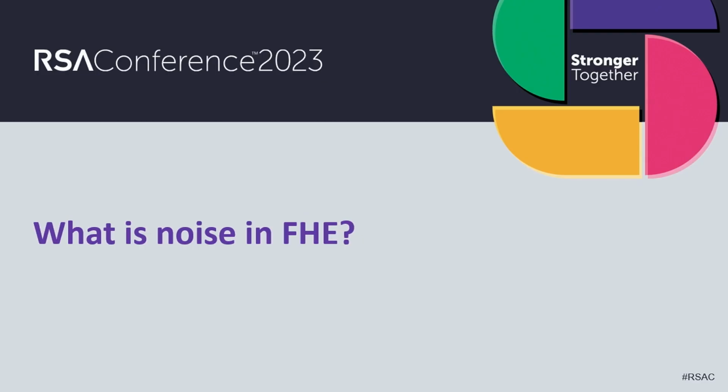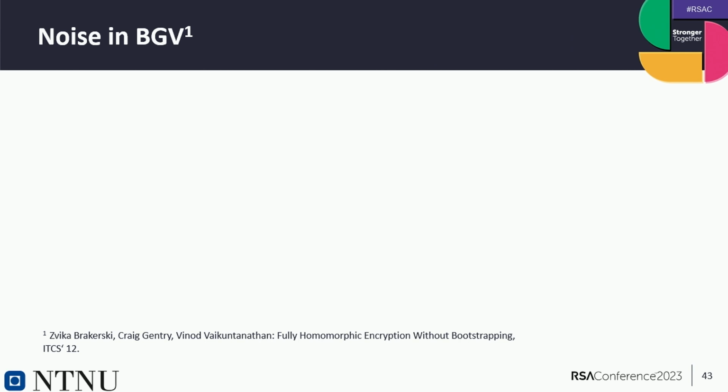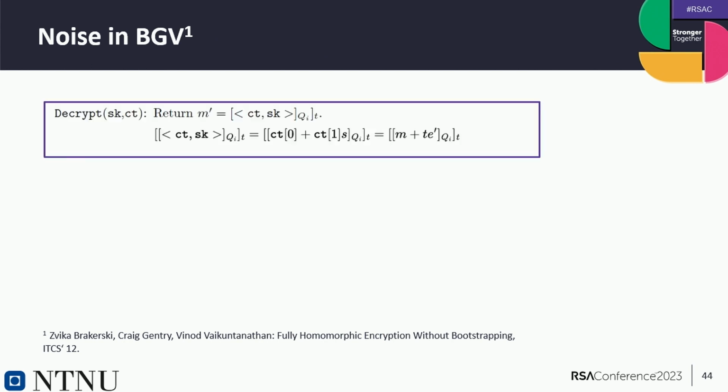So what is noise in FHE? Since I said I'm going to talk about one specific FHE scheme, I'm also directly going to illustrate what is noise in this particular scheme. This is the decryption function of BGV. We've got a ciphertext that got somehow formed, a secret key that got somehow formed. The way that we're decrypting things in BGV is we're taking the scalar product of the ciphertext and the secret key, modulo the ring modulus, modulo the plaintext modulus.